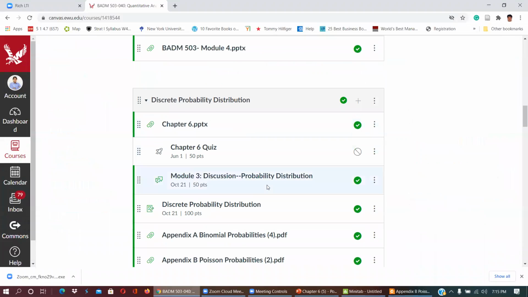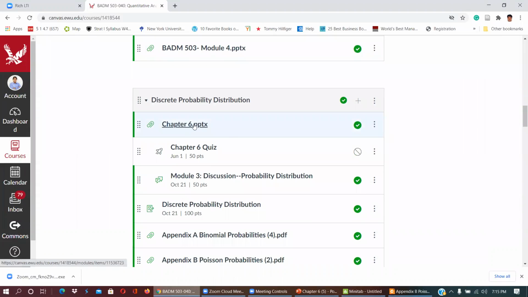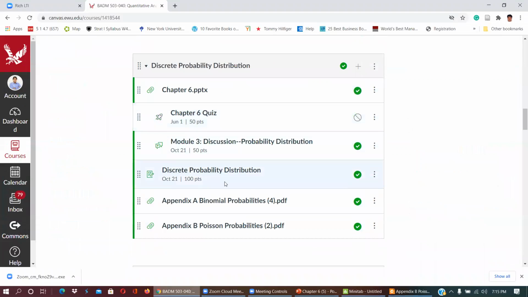This is the discrete probability distribution slide. Discussion, this is the quiz. I'm just rectifying this. Discrete probability distribution, this is the Minitab assignment. This is an appendix, binomial distribution appendix, Poisson distribution appendix. So yeah, this is about chapter number 6.